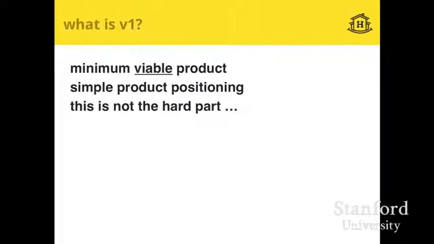And the second thing is, before you put things in front of a user, you should really have a simple product positioning down. What I mean by that is you should be able to go to a person and say, hey, this does X, Y, and Z within a sentence. For example, at HomeJoy, we started off with something super complicated.